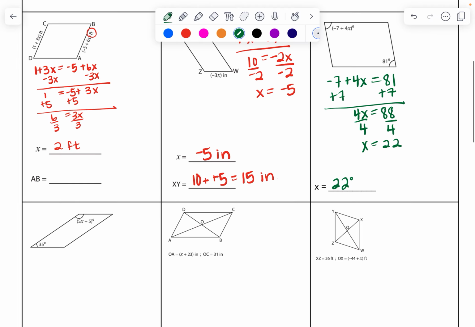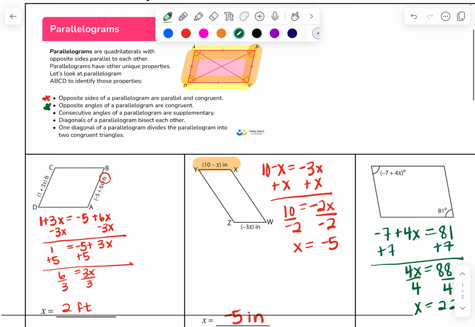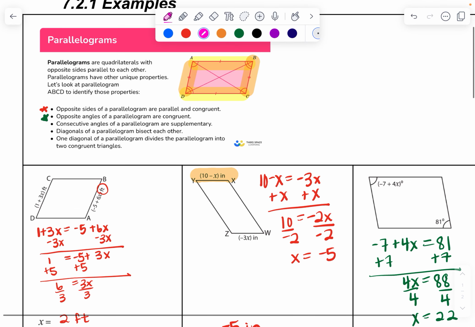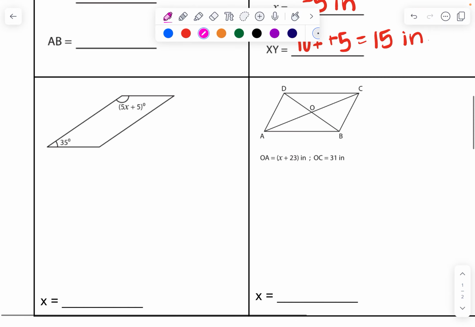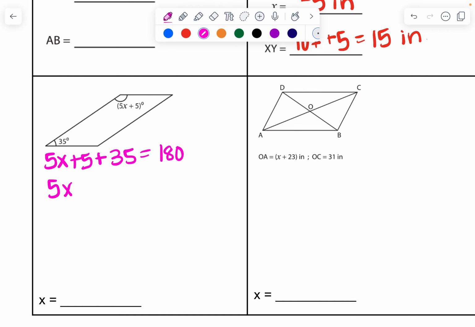This next one, these are not opposite angles. They're not across from each other. They're next to each other. And up here it says consecutive angles are supplementary. Supplementary means that they add to 180 degrees. So I know 5x plus 5 plus 35 is equal to 180. 5 and 35 is 40, so 5x plus 40 is 180.